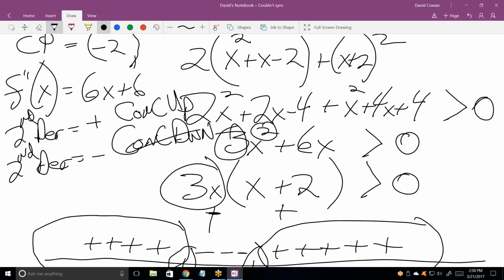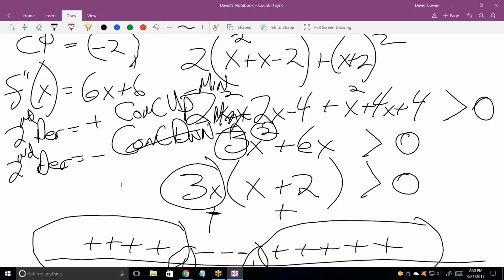And notice concave down has to be a maximum. So this goes with minimum, this goes with maximum. These will give you the same results as the first derivative test. The difference is that the second derivative test is actually a little easier.